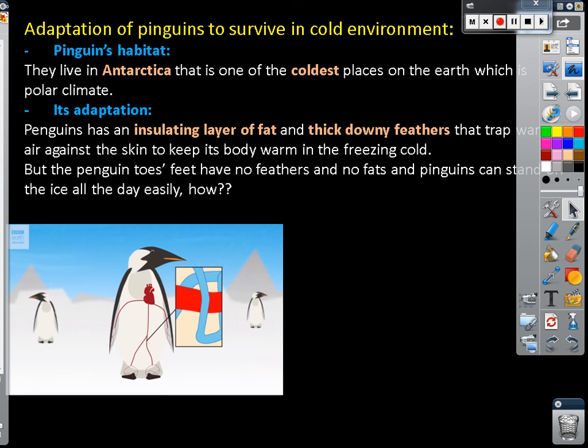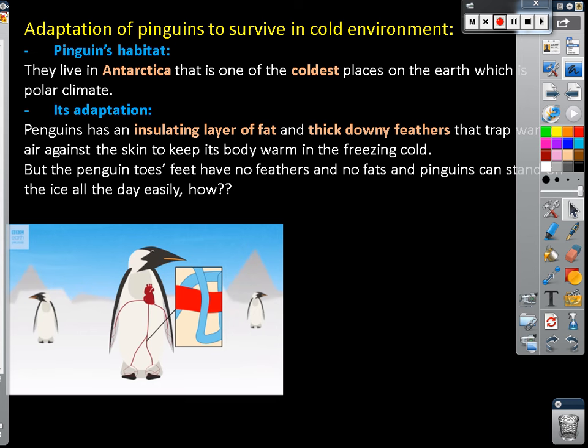So the penguin has an insulating layer of fat, a cover of fat. This fat covers its body to protect it from the very cold around it. And penguins also have thick downy feathers. It's a type of feathers.